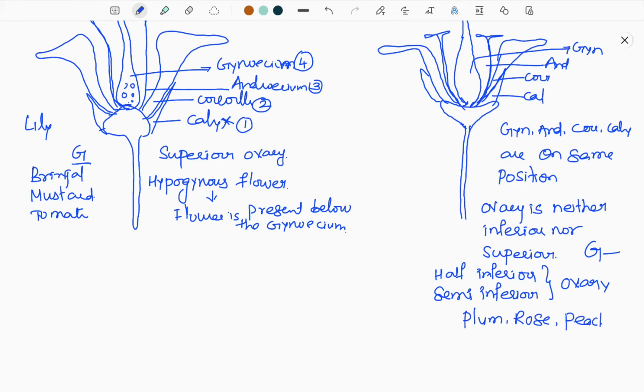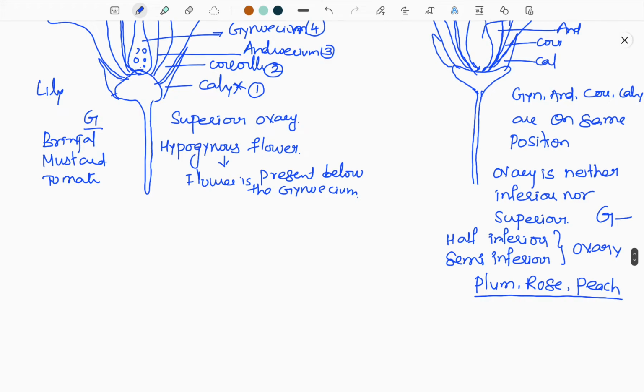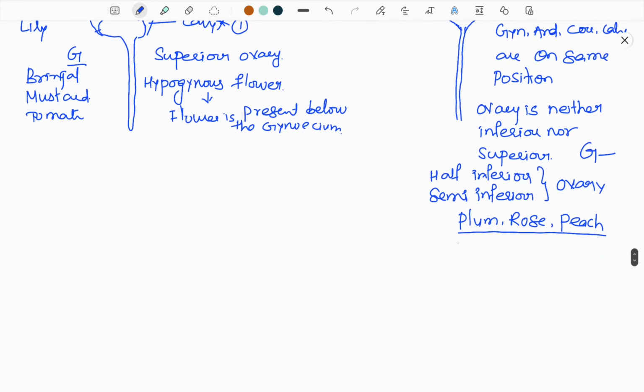So these are definite examples from NCERT. By the way, this kind of flower is called perigynous flower. Perigynous, peri means the gynoecium is present parallel, almost at the same height as the rest of the floral parts.